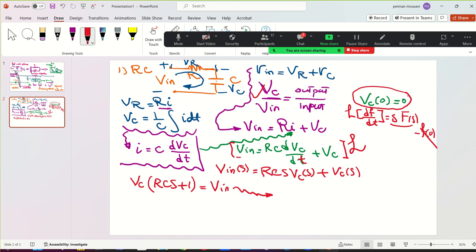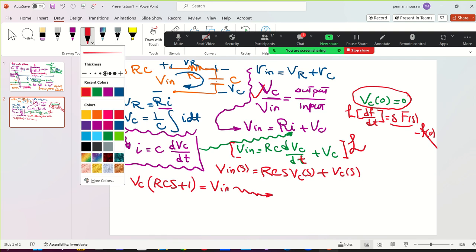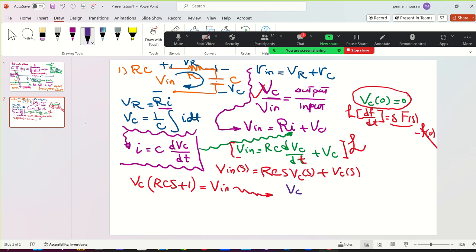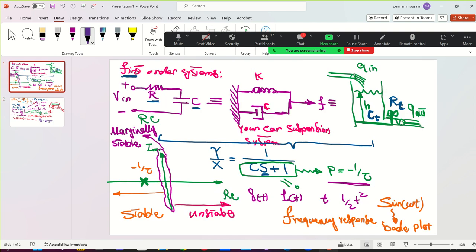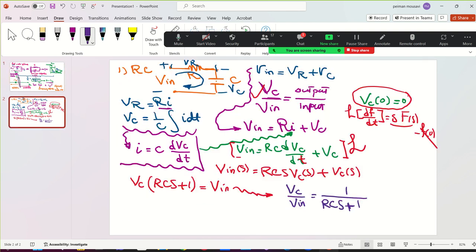So, for God's sake, we have closed loop transfer Vc over Vin equals to 1 over RCs plus 1. But in the page when I promised you this, tau s, here we go.